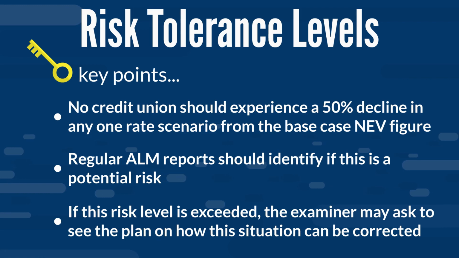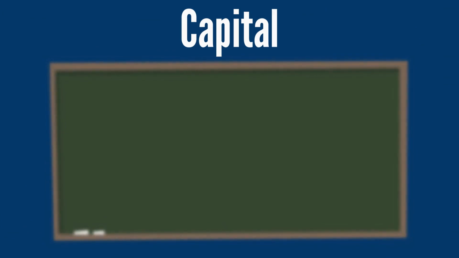If a credit union does exceed the 50% target, examiners may ask for a plan to reduce this interest rate risk exposure.